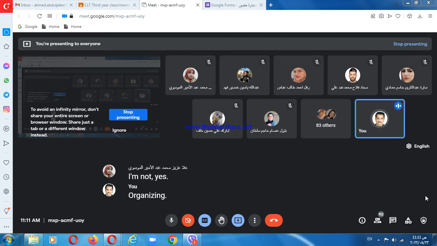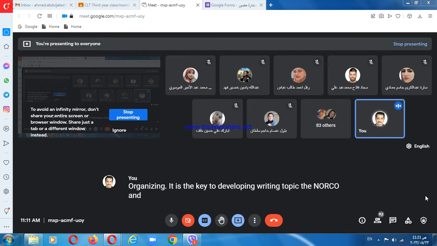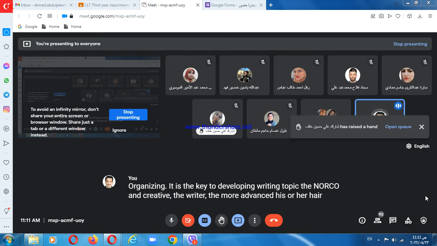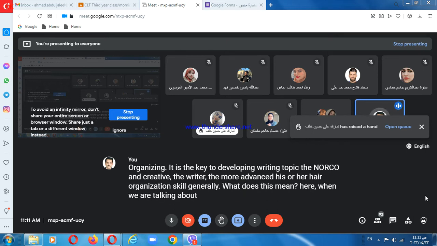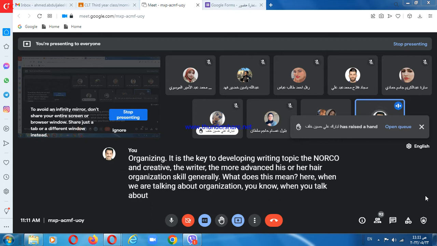Organizing. It is the key to developing writing. The more powerful and creative the writer, the more advanced his or her organization skills generally are. What does this mean? When we talk about organization, we talk about the way that we have our own style.